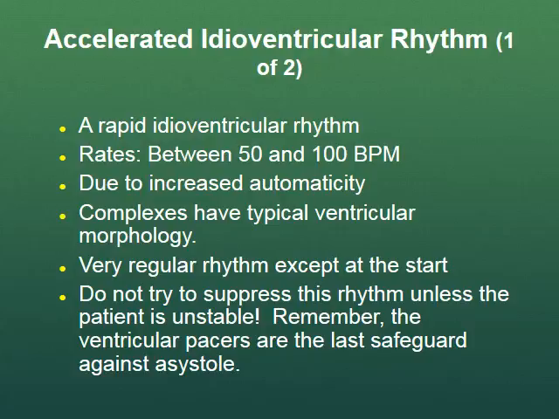It should be regular, except whenever these rhythms start, they typically have a lot of bizarre irregularities to them. So if we have this rhythm, accelerated idioventricular, we should never try to suppress this rhythm unless the patient is unstable. Remember that the ventricular pacemaker is the very last safeguard.